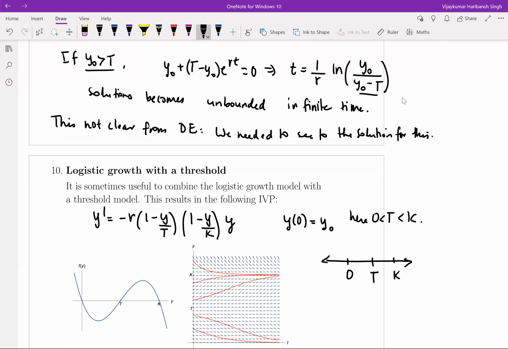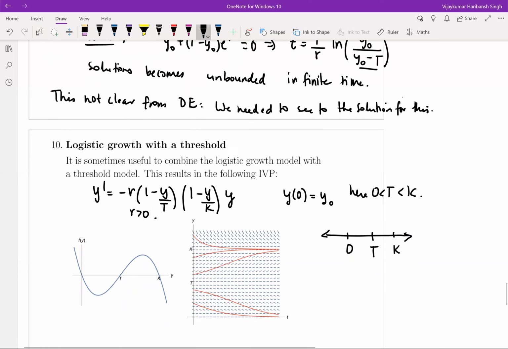You get the significance when you're trying to model a population. K is the maximum capacity of the population. T is the critical point beyond which the population will still survive. Below this, the population will decay to 0. And of course, r was also greater than 0.